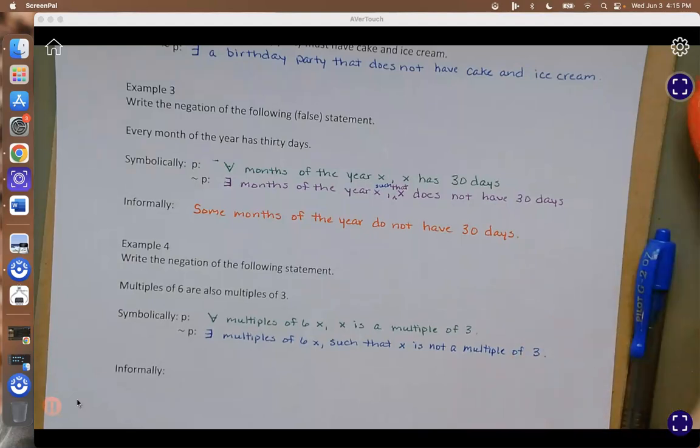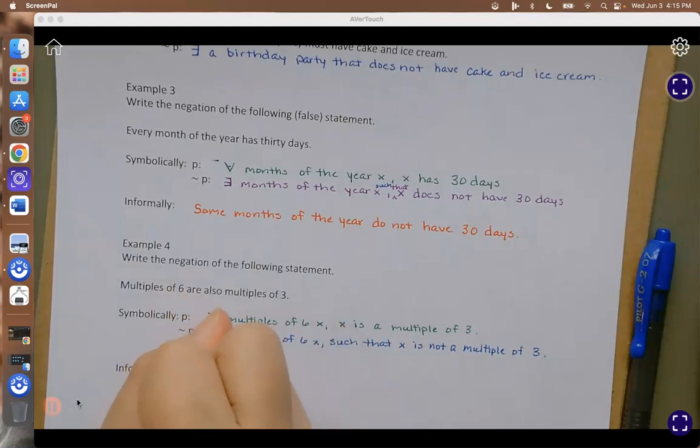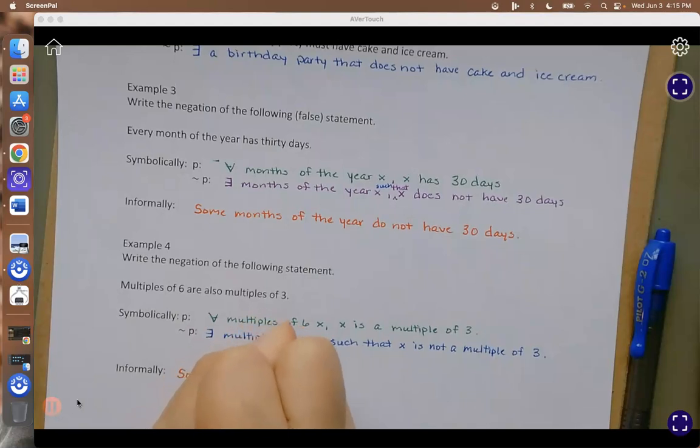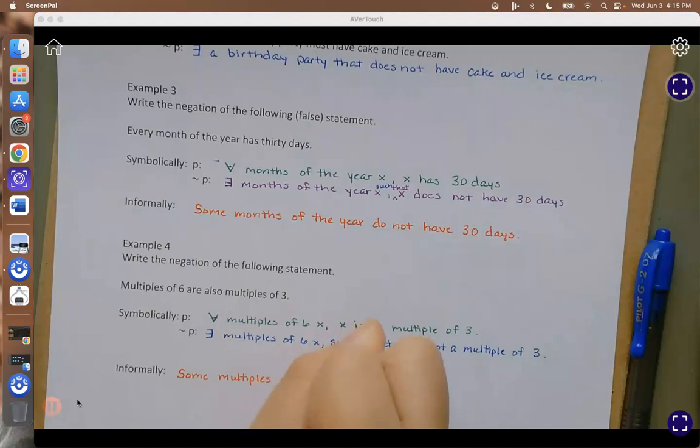To make it sound less formal, you can just say some multiples of 6 are not multiples of 3.